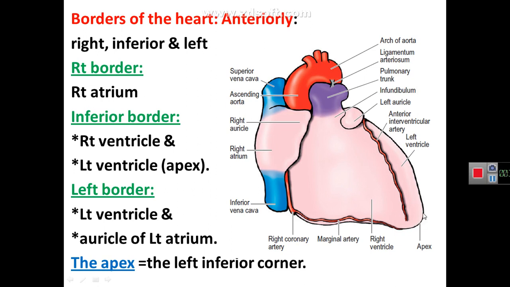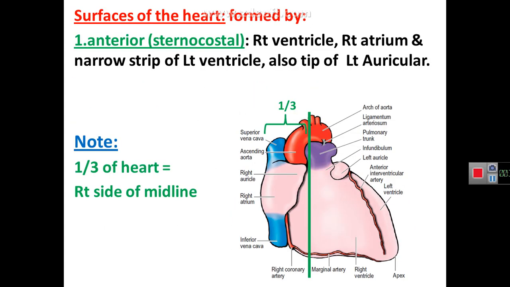And you can see that the apex of the heart is the corner between the left border and inferior border. The apex of the heart is formed by the left ventricle, of course.